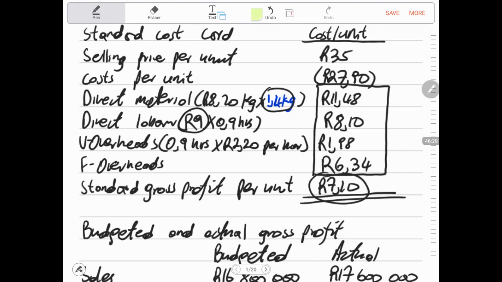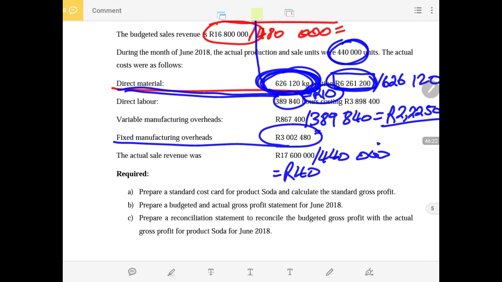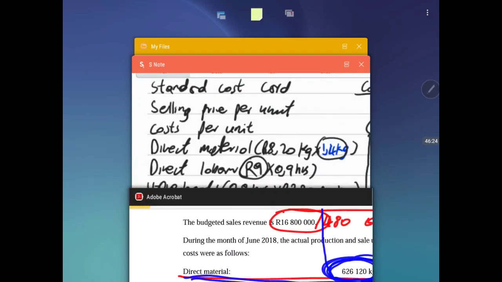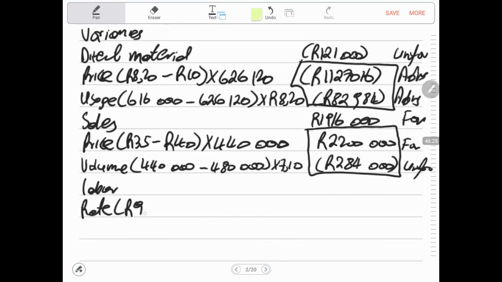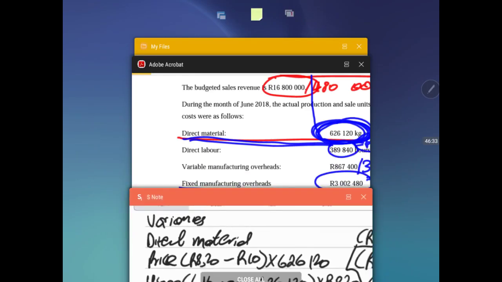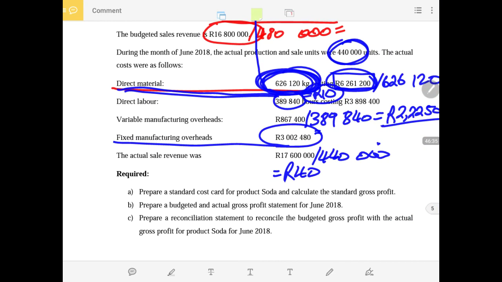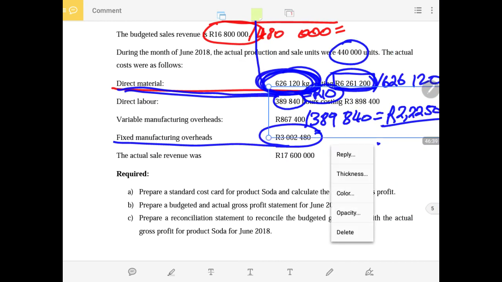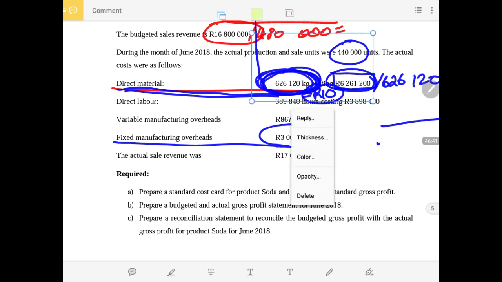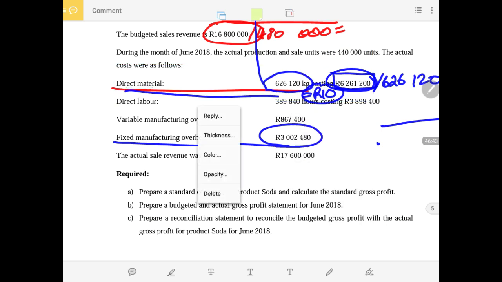I think this was given. Then we record the standard rate of 9 rand. Then we say 9 rand minus the actual rate. And we have to look for the actual rate in terms of how that can be calculated. I think we calculated it to be an amount of 10 rand.